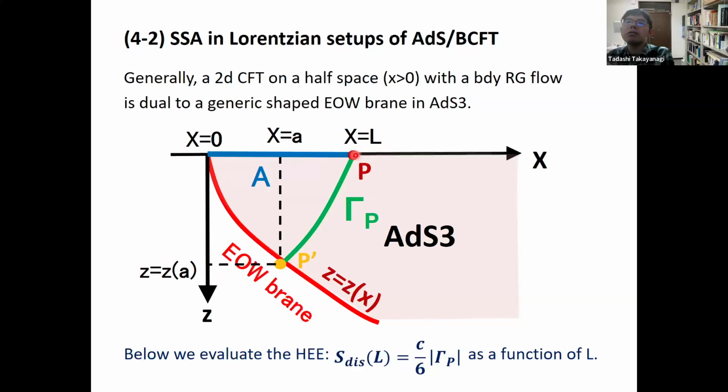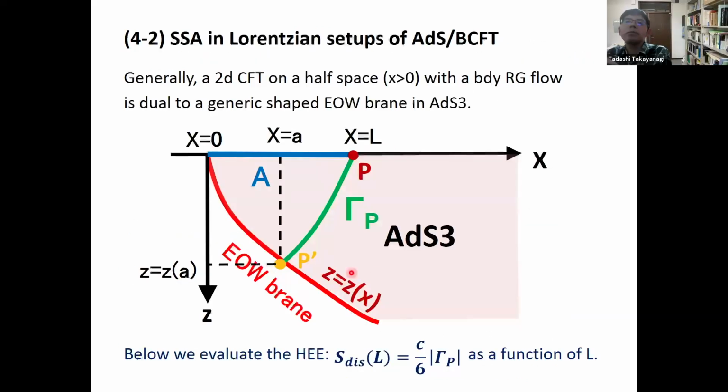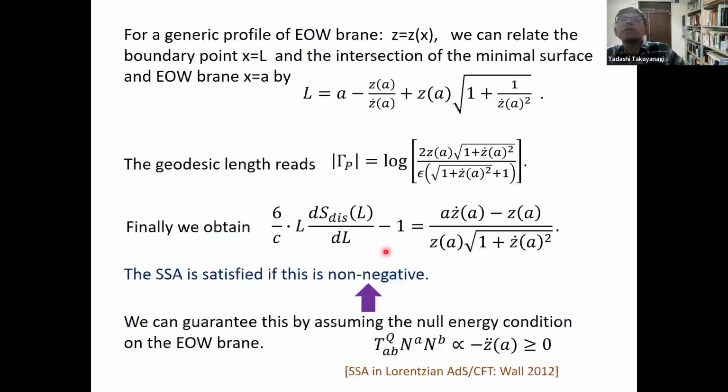Once you specify this one and this one, you can precisely connect these two points by a geodesic, but also you can require P prime to give a minimum value of gamma P. That fixes everything. And so finally, we get this geodesic length. A is a function that parameterizes the end of the world, G is some fixed function which parameterizes the location profile of the end of the world, right? So we get this length.